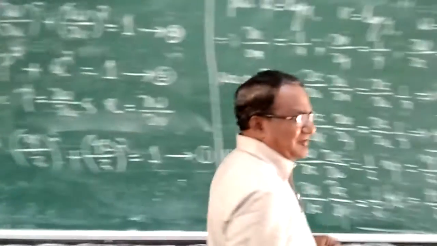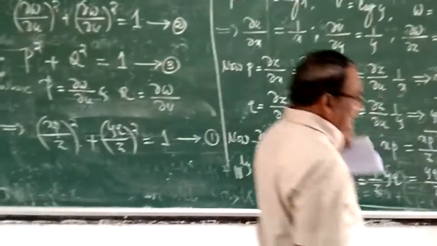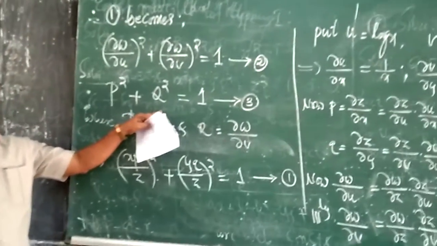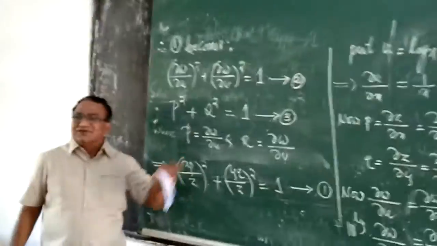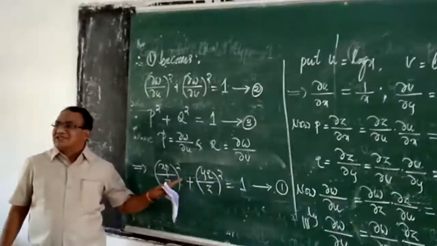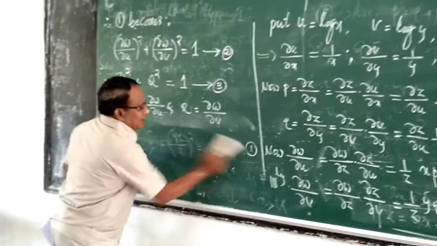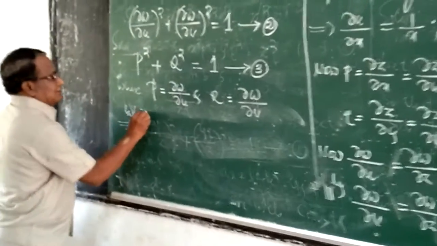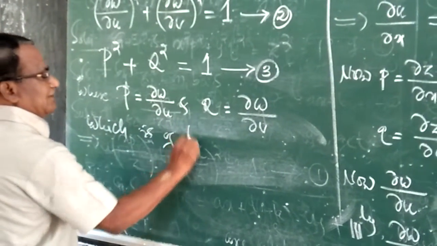Thus equation 3 is clearly containing only P and Q. Therefore, we have converted the given equation into type 1.